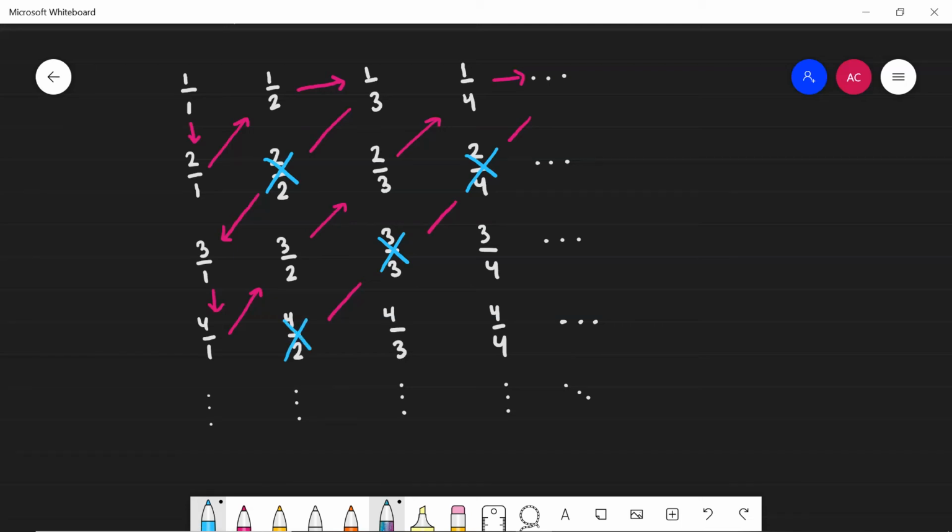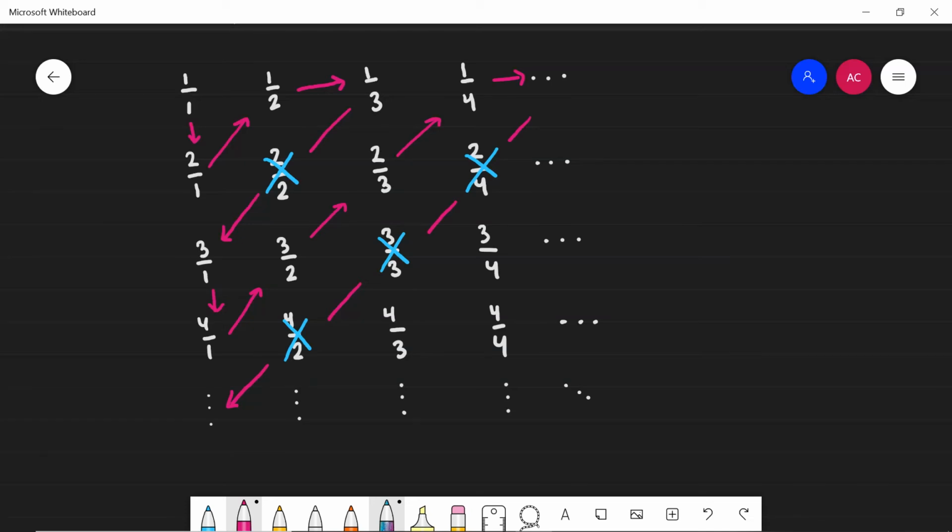Now what I would be doing, had I written down what this ellipsis represents, is going to 5 over 1. So you keep going on in this pattern, and this tells me that yes, I can in fact count all of the positive rationals.